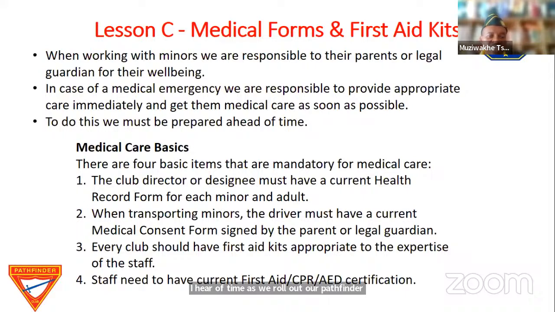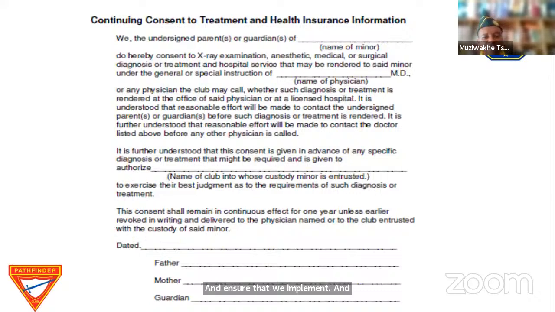And I want to encourage that where we do not have this, please, leaders, let's go back and ensure that we implement. And this is one of the examples of the forms that we will require our parents to complete.